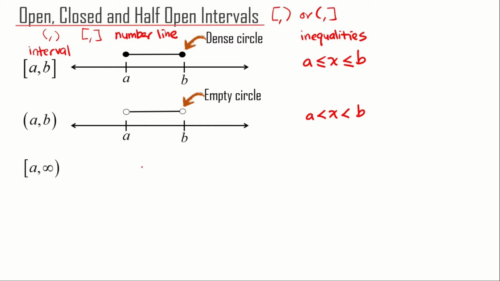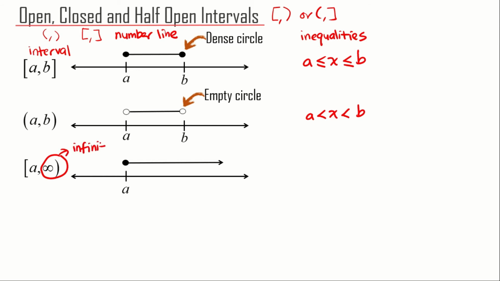Let's say we have half open intervals, so from A to infinity. As for the number line representation, we have from A to the right. So infinity here is actually infinite values.